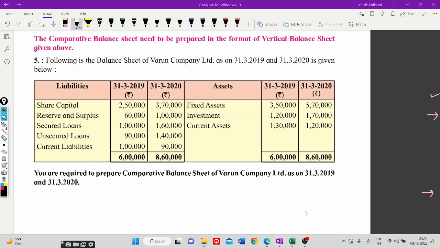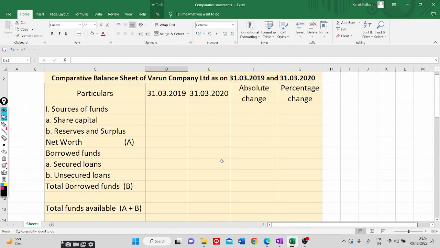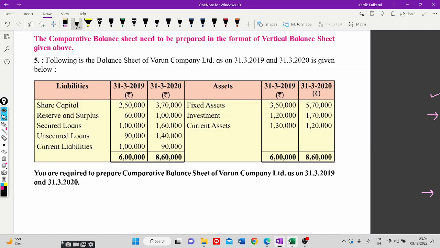So we will write 2,50,000 and 3,70,000. Reserves and surplus was 60,000 in 2019 and 1 lakh in 2020.